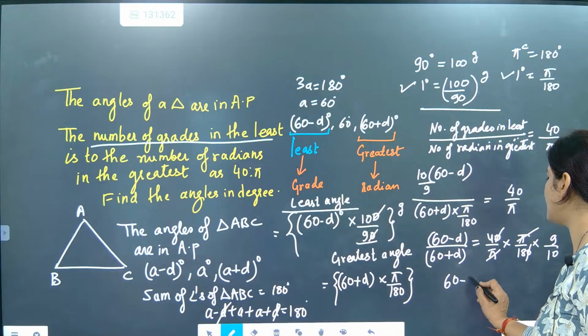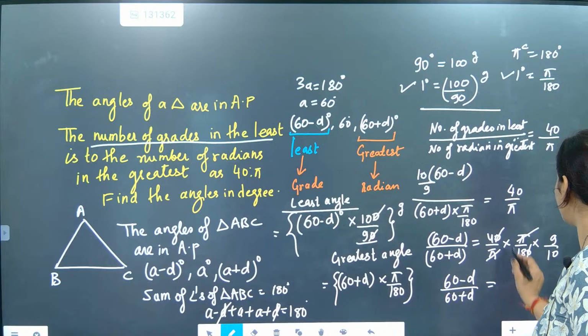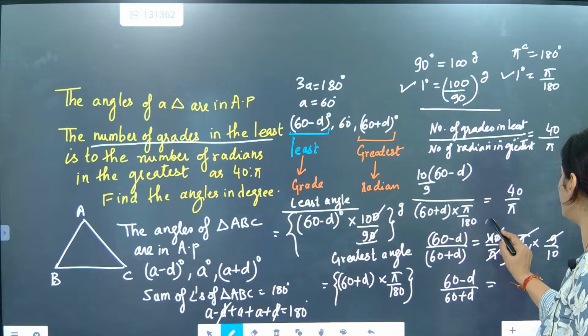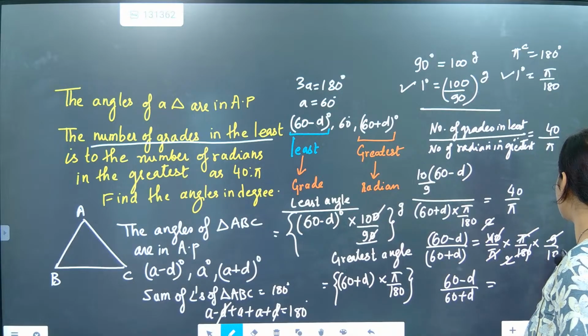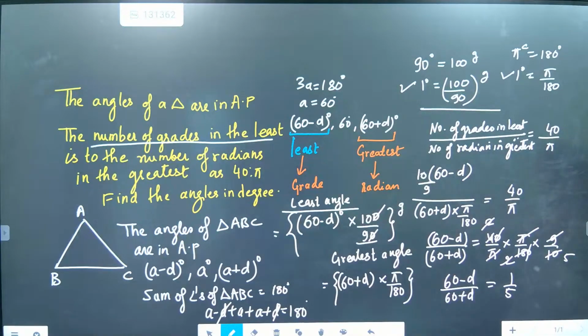So 60 minus d by 60 plus d. Here it is coming as 9, 9 2s are 18, and 2, 2. Once 2 is coming here, it will get cancelled with 5. So it is coming as 1 by 5. Everything got cancelled if you see.